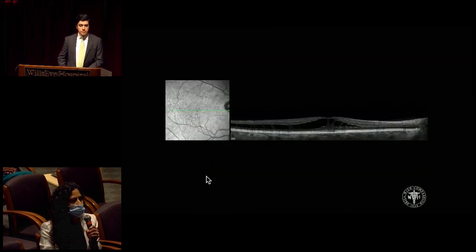So we have an EDI OCT image of the right eye. Looking at the infrared image here, you can more clearly see this radial pattern emanating from the fovea here. And then in the OCT scan itself, vitreous looks nice and clear. Nerve fiber layer looks healthy.